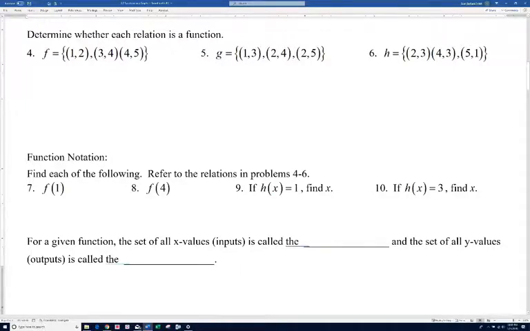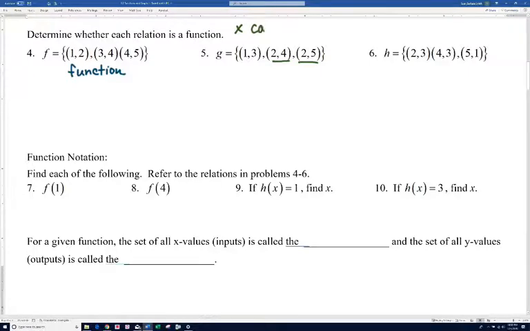On 4, each of our inputs does correspond to just one output, and so we do have a function. Now, on number 5, we have a problem. Notice that we have these 2 points here that have the same input but different outputs. In fact, I'm just going to make a comment here.